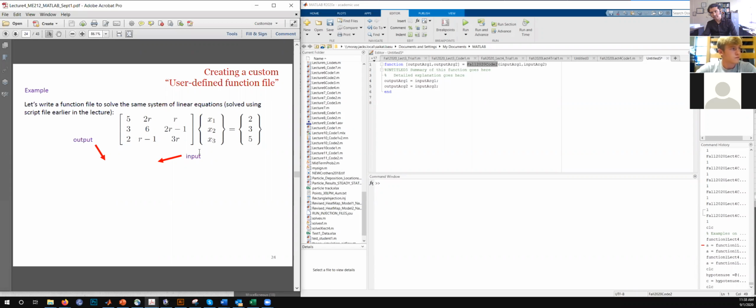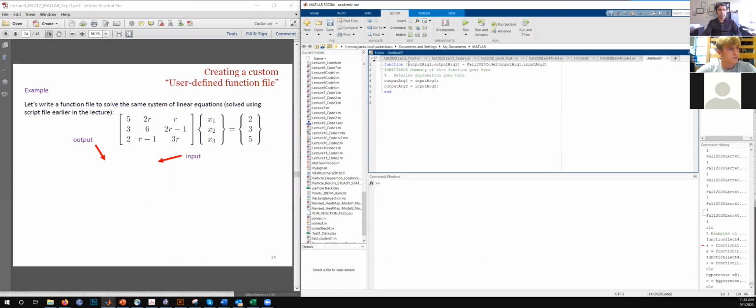Anyone? The X values? The X values, right? So would it be X1, X2, X3, or would it be just X?